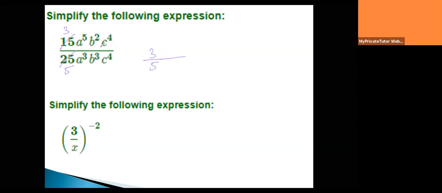And then we'll get a square, 5 minus 3 becomes 2. And then we have a 2 in the numerator and 3 in the denominator for b. So we'll get b in the denominator. So c by c power 4 get cancelled out, which becomes a 1. So that's why the answer is 3a square divided by 5b.